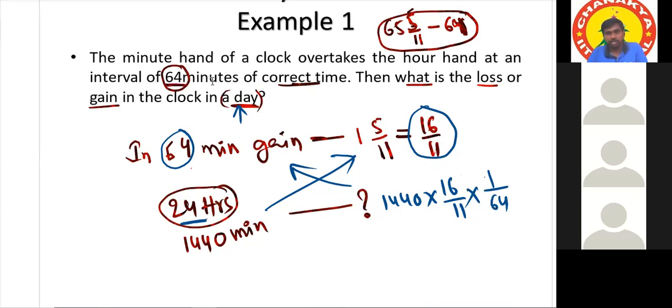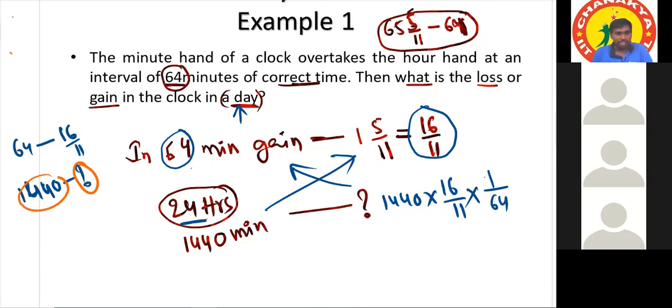Okay, why are you dividing by 64? 64 is to 16 by 11, and 1440 is to dash. This is the question. Like 3 mangoes, 10 rupees, and 9 mangoes is how many rupees? Like that question. So this number into this number divided by this number. Yes, sir. Direct proportion, sir.